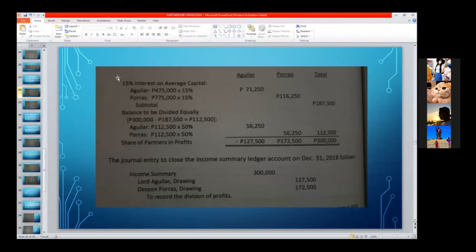Kung gusto nilang 25% interest, 10%, 5%, 15%, sila na mag-decide doon. So kaya given na yan. Ang titignan nyo na lang dito is kung saan nila ibabase. Kung sa average capital ba, kung sa original investment ba, kung sa beginning capital ba, ending capital, ganun. Doon nyo na lang titignan.